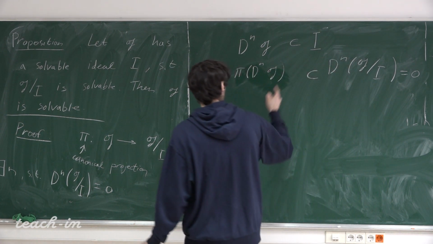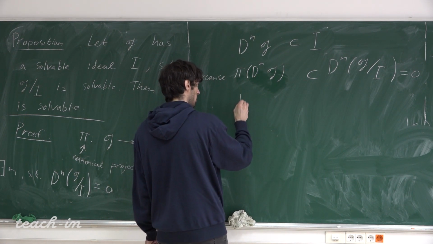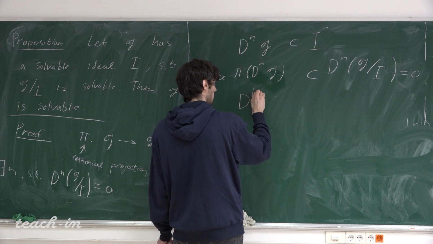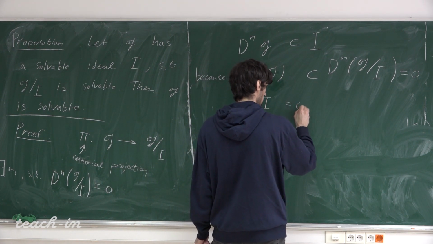But then, since I is solvable too, there exists some other integer, say k, such that d^k of I is 0.